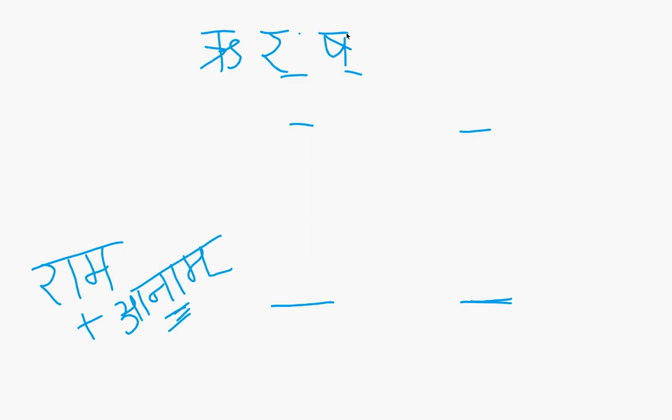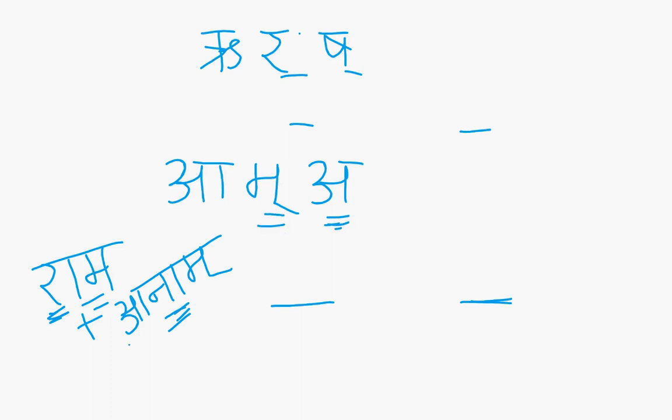Yes, but there are some letters in between also. There is a Ra here. And what are the letters in between? After Ra, there is A, that is a vowel. And there is Ma, and there is A. Those also we should consider.